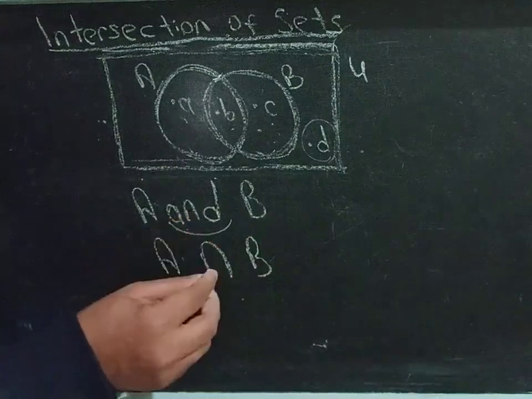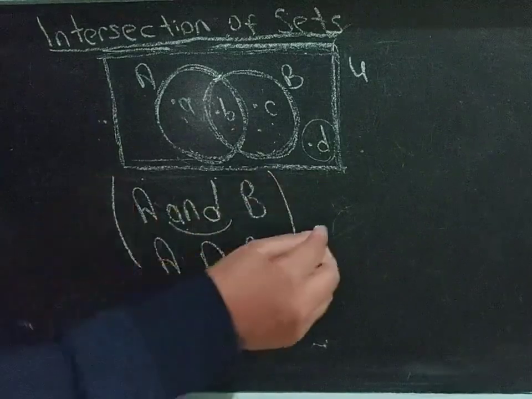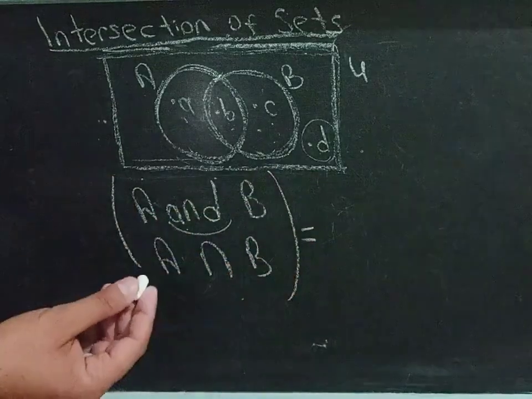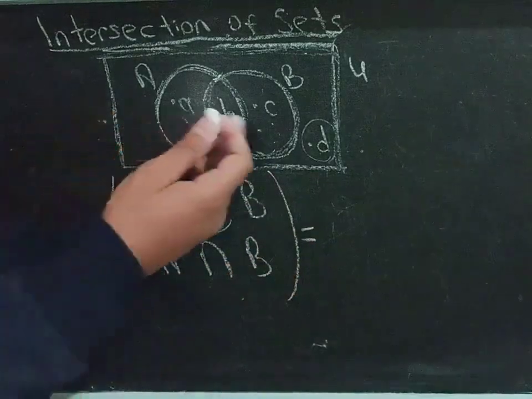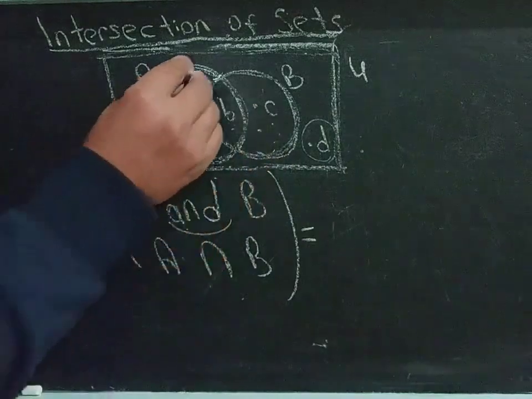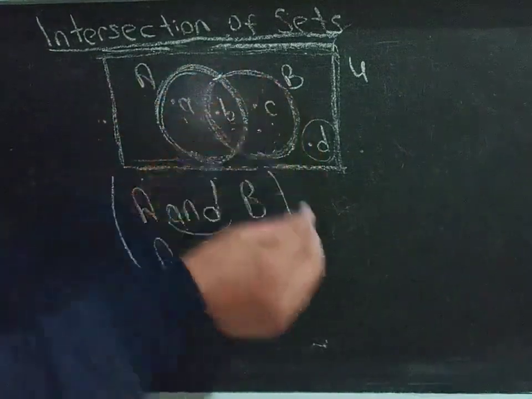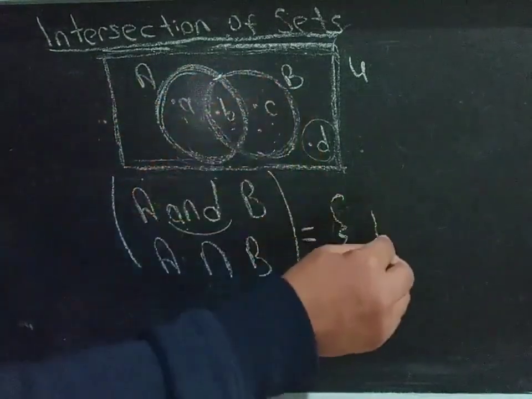Both of them are the same thing. This means and. So as I said, you're going to write the letters which are common for both of the sets. So you draw this one and this one. See which one is common? B. It's going to be just B.